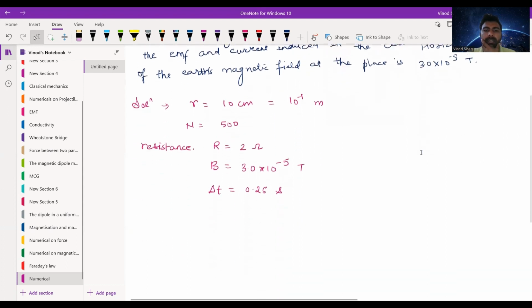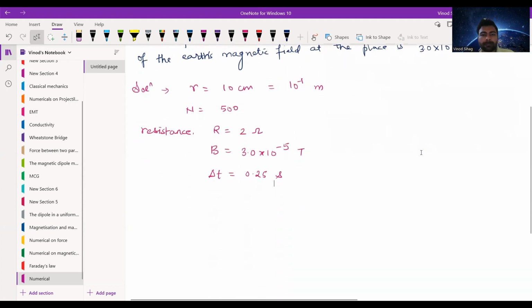In the first case, we have to find out the initial magnetic flux through the coil. So what will be the initial magnetic flux through the coil?